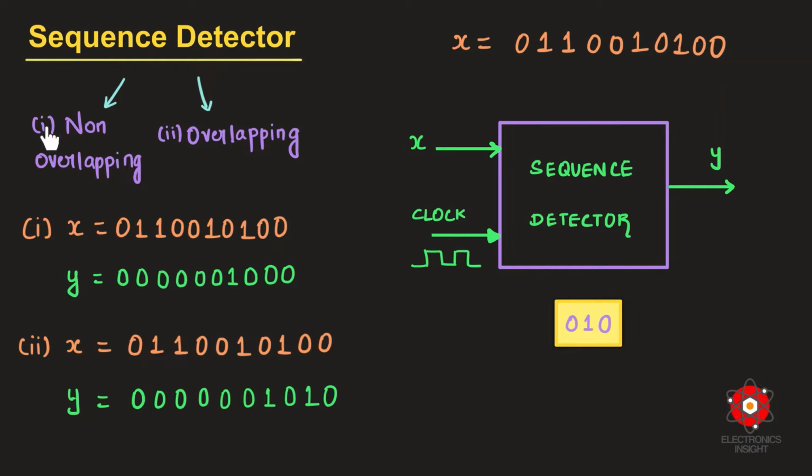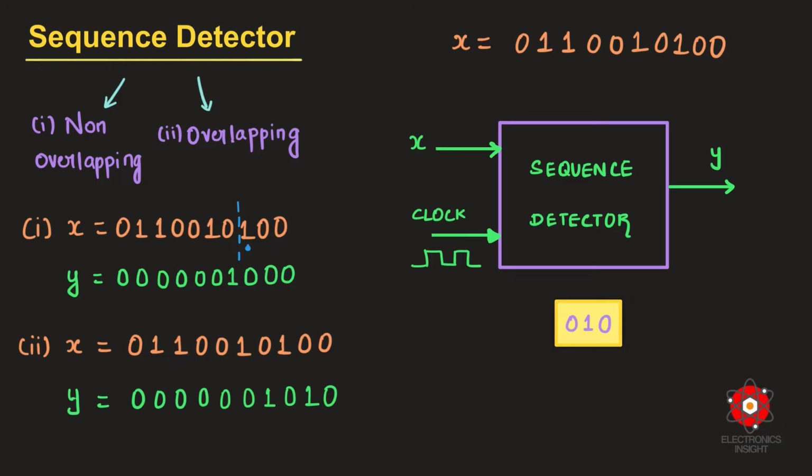Because you are following non-overlapping sequence detection, you don't have to look for the previous sequence bits before your output became 1. Which means once you have set your output to be 1 at any point of the sequence detection, you start as a fresh sequence. Which means here I have set the output detector to be 1. So when I reach this point, I'll look out for my previous bits, but I will start with a fresh sequence.